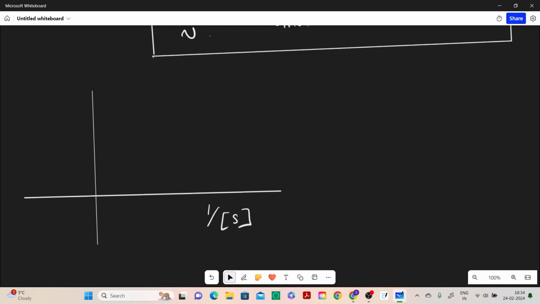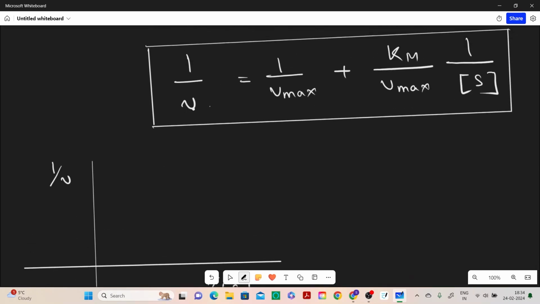Okay, we can draw a graph right now. In the x-axis we have 1 by substrate concentration, in the y-axis we have 1 by rate. These are the two elements, so this is y and this is x.